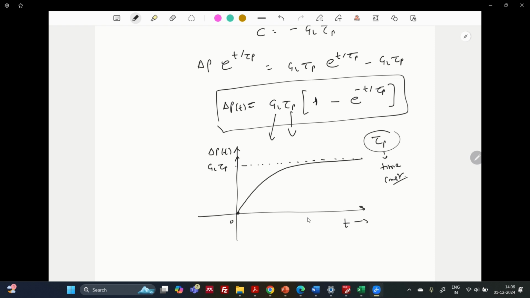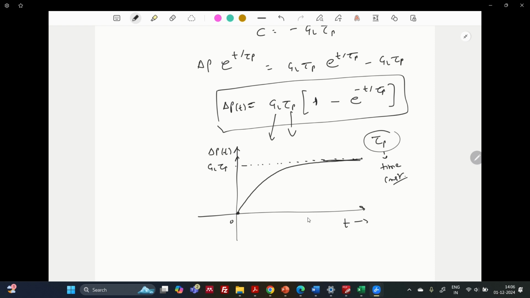Then what's the value of tau p? 1 microsecond. So after say 3 or 4 tau p, you would have reached here approximately. And within those 3 tau p, there will be a transition. So after a long time t, this becomes constant.